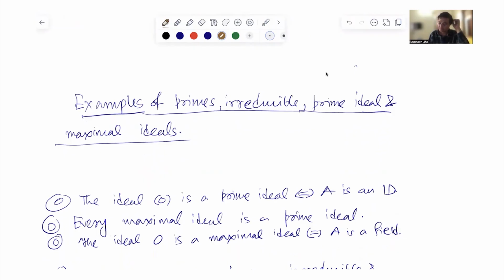When is zero a maximal ideal? There is no ideal between zero and the whole ring.